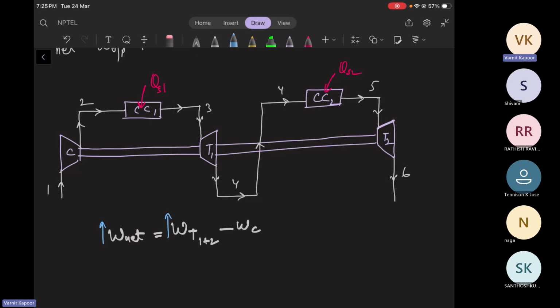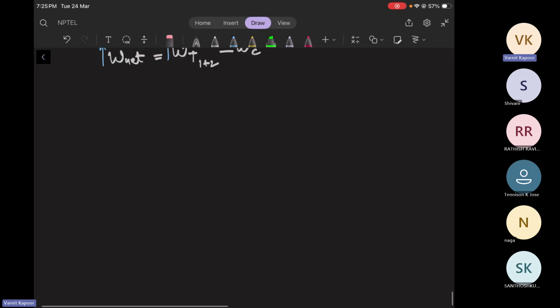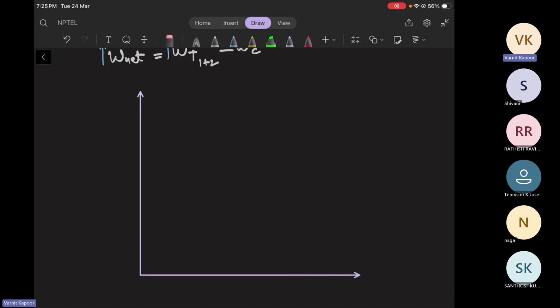Okay. So let us make the plot also for this. So how the plot will look like. So this is temperature entropy plot. So from 1 to 2, the compression happened.